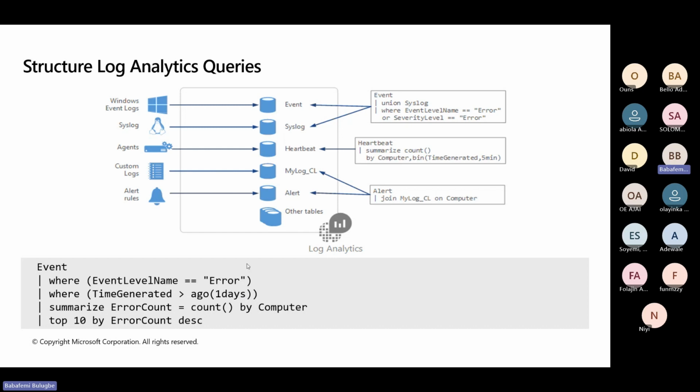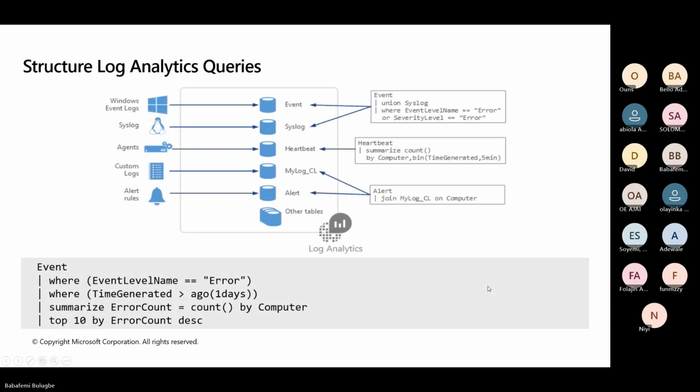And we'll summarize based on the counts that come into the computer, but we only want the top 10. So this is how it looks, and this is just you giving information to the workspace to say this is the kind of data I want to retrieve, based on these conditions that are given to you.